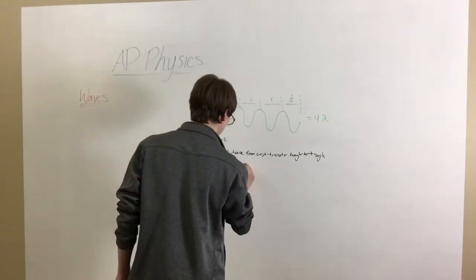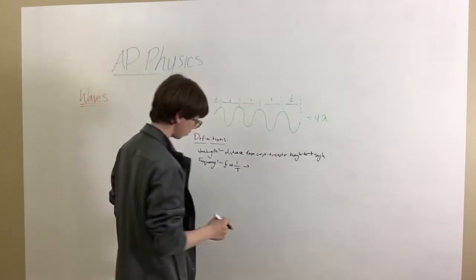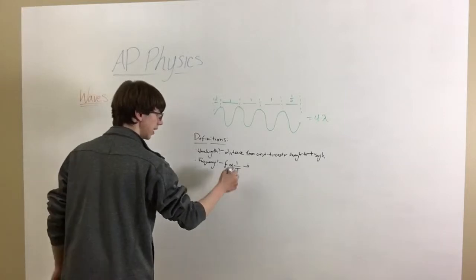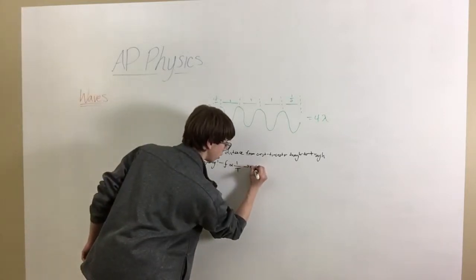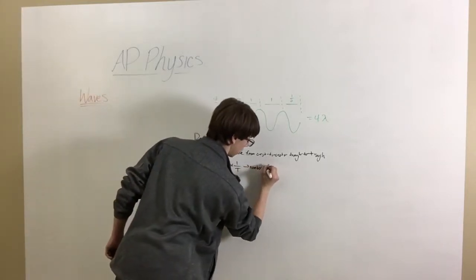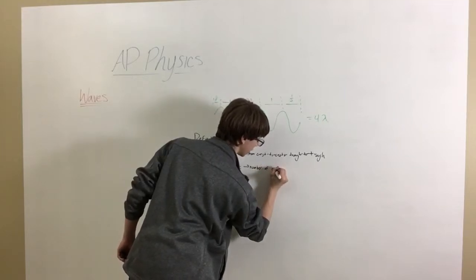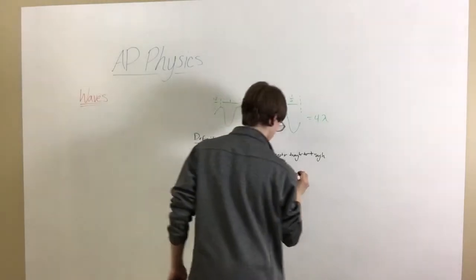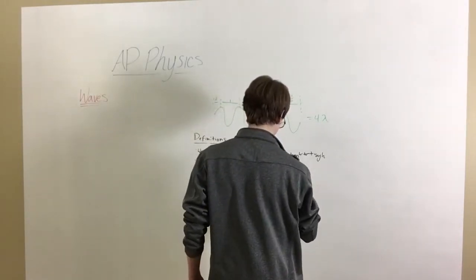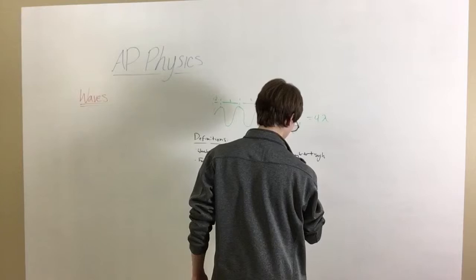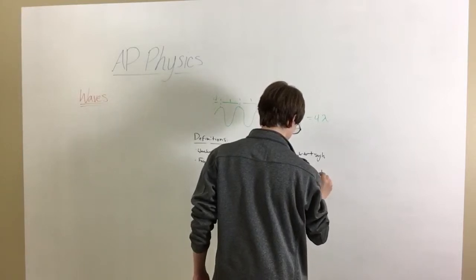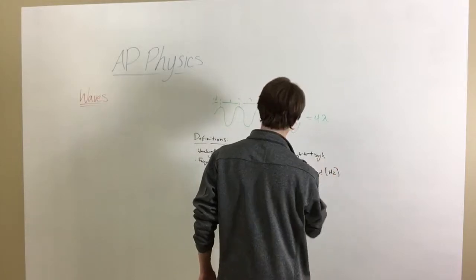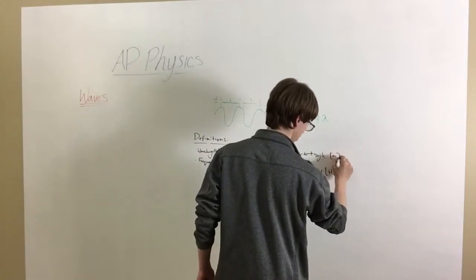And so, since we know this, we do know that frequency is the number of, we'll say, oscillations in 1 second, measured in hertz, and wavelength is measured in meters normally.